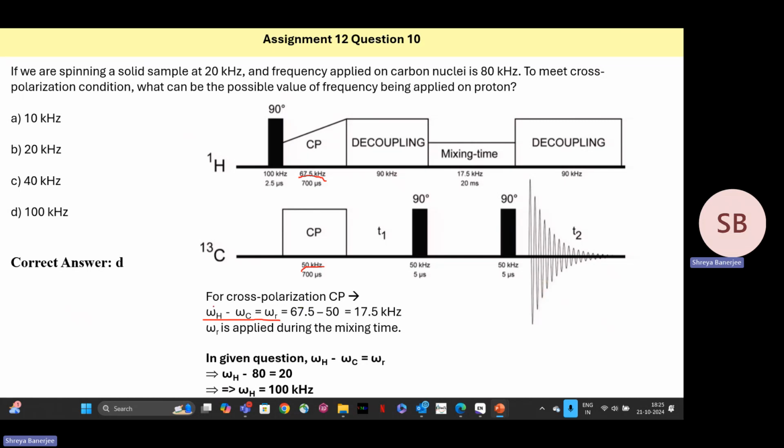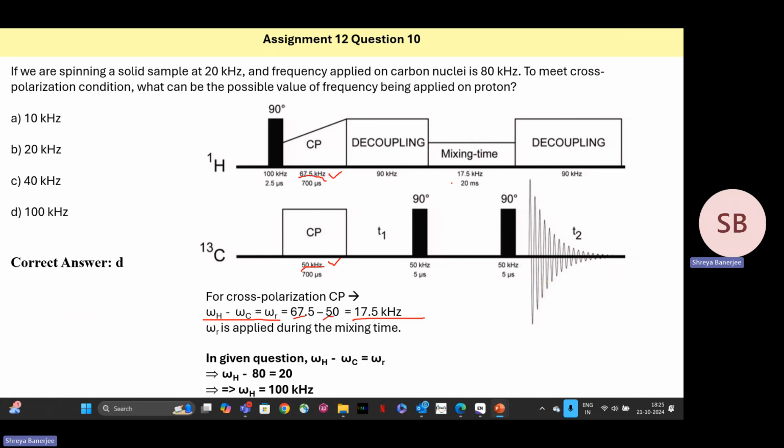So that is given by omega h, which was 67.5, minus omega c, that was 50, which gave an omega r of 17.5 kilohertz. So this is the spinning frequency of the rotor that is spinning at the magic angle.